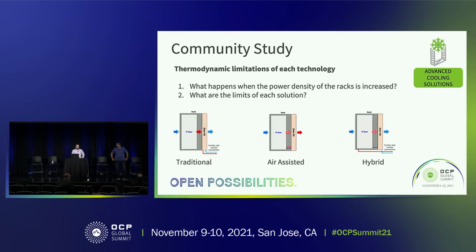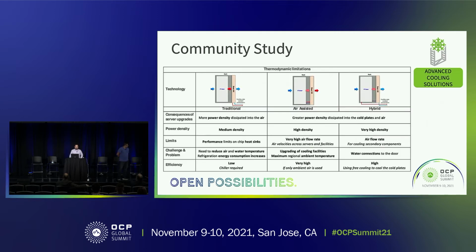So what if the density of the racks is improved and the power density of the racks increases? What are the limits of each solution: the traditional, air-assisted, and hybrid?